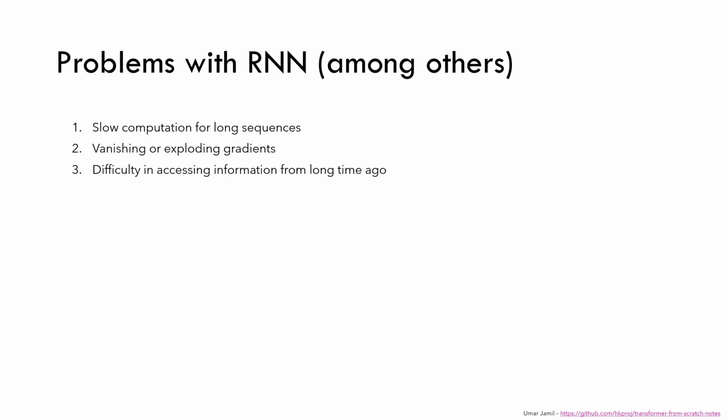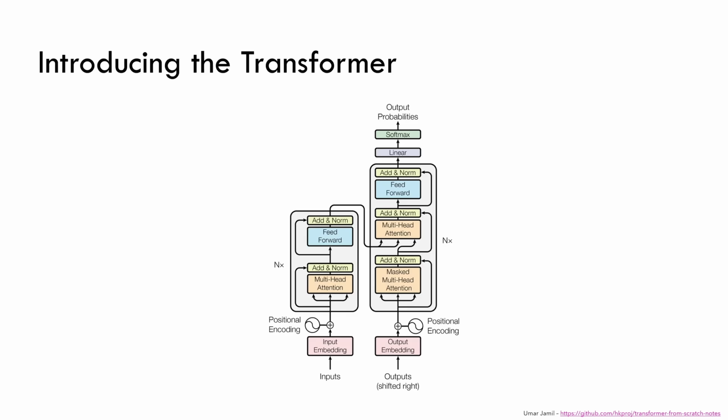And this is also not good because, for example, we know as humans that in a quite long text, the context that we saw, let's say 200 words before, is still relevant to the context of the current word. And this is something that the RNN could not map. And this is why we have the transformer. So the transformer solved these problems with the recurrent neural networks, and we will see how.